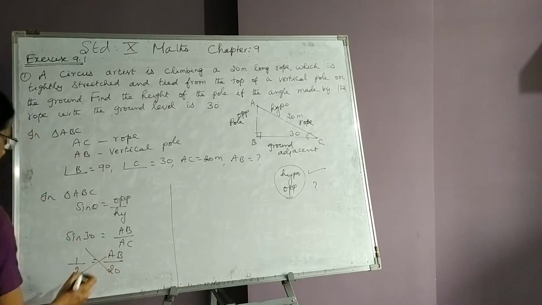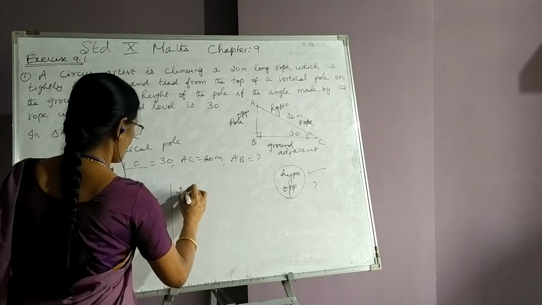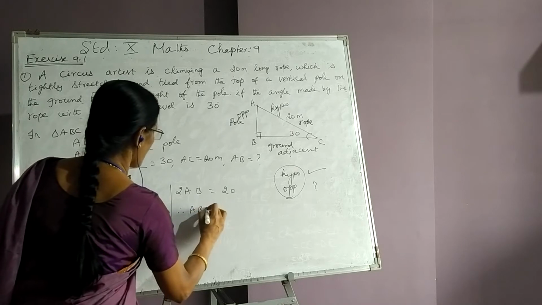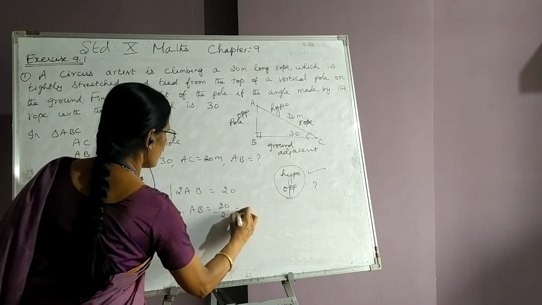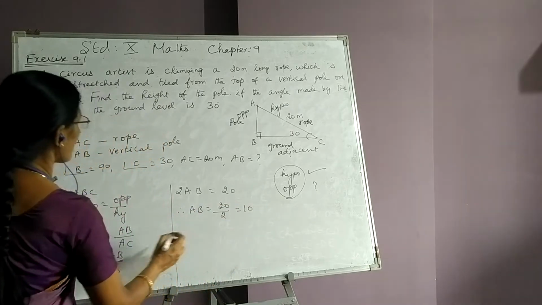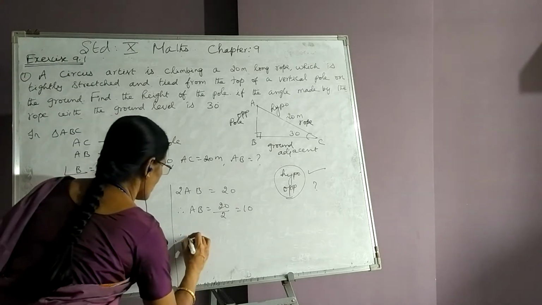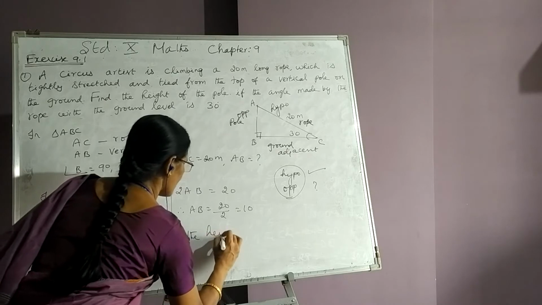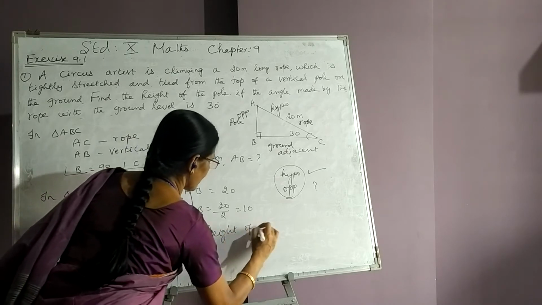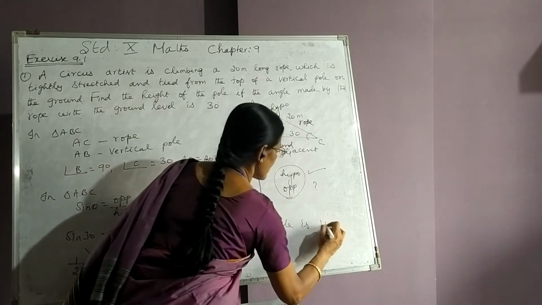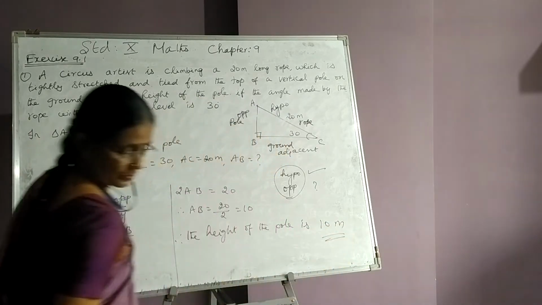So cross multiplying, we get 2AB is equal to 20. Therefore, AB is 20 upon 2, which is 10. AB is what? The height of the pole. Therefore, the height of the pole is how many meters? 10 meters.